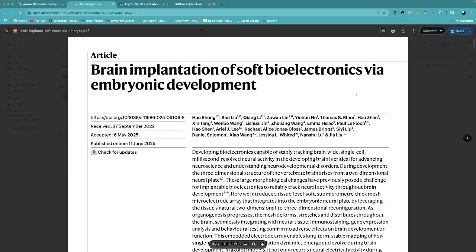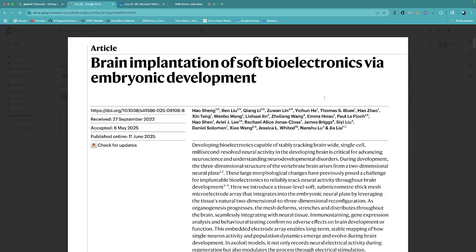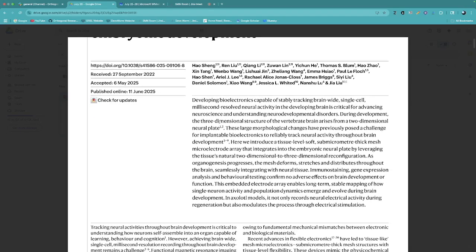So this is brain implantation of soft bioelectronics via embryonic development. This is where they're putting together all these pieces to build things for the brain. Developing bioelectronics capable of stably tracking brain-wide single cell millisecond resolved neural activity in the developing brain is critical for advancing neuroscience and understanding neurodevelopmental disorders.